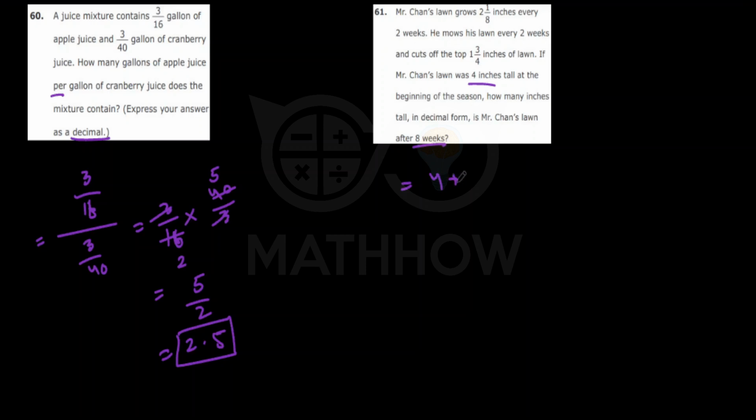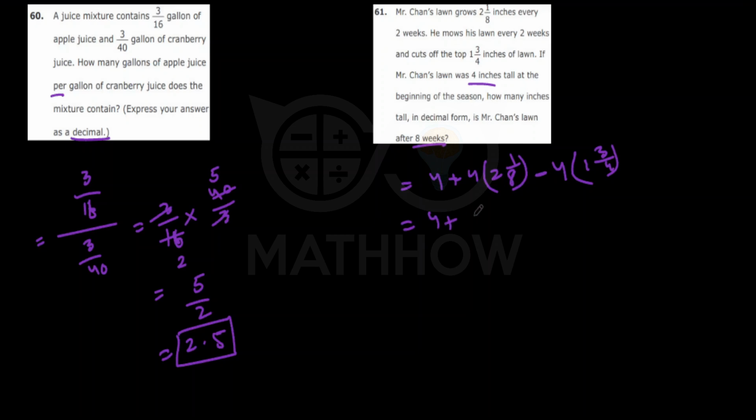Since it is growing, we will add this value 4 times of however it grows in 2 weeks, subtracting the value that Mr. Chan cuts off from the top. He mows the lawn every 2 weeks, so in 8 weeks he will mow the lawn 4 times, and he will cut off 1 and 3 over 4 inches.